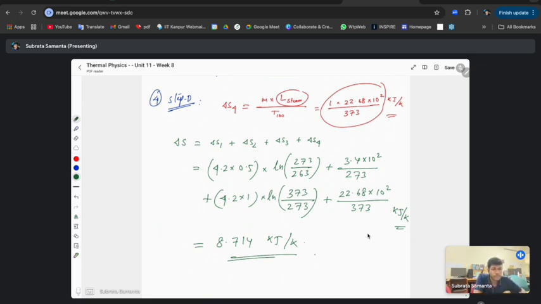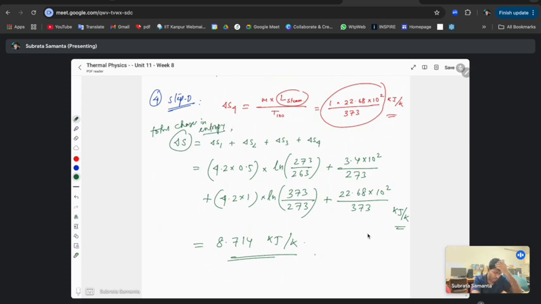So far, any questions or doubts if you do not understand? This is your total change in entropy.